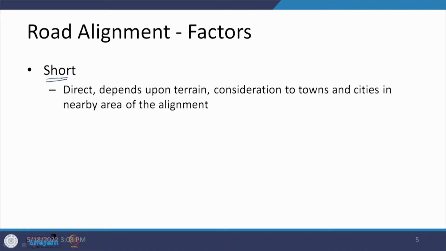Now, another aspect is short. Short between point A and point B is always a straight direct line. So, if you can provide a straight direct line it is fine, but in many cases it may not be possible, because you need to look at what type of terrain it is in which you are going to provide it.